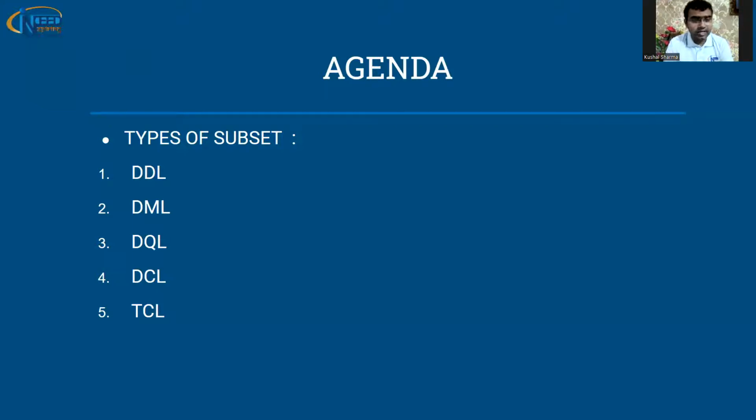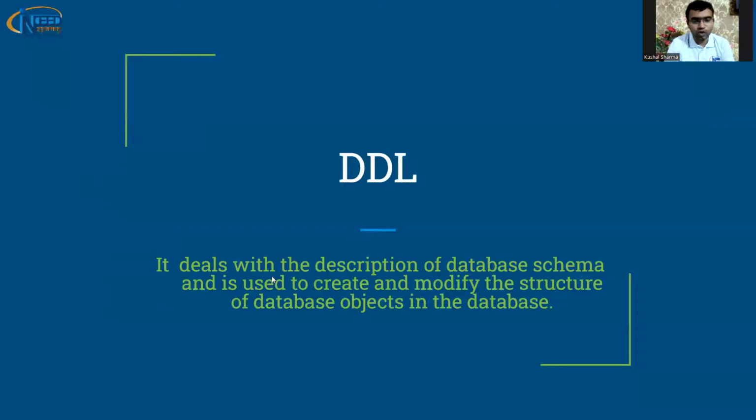Sometimes we call DQL data retrieval language. And then we have DCL, that is data control language. And further, we have TCL, that is transaction control language. Let us start with the first one and go one by one.